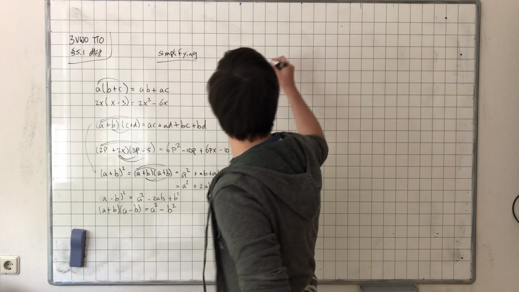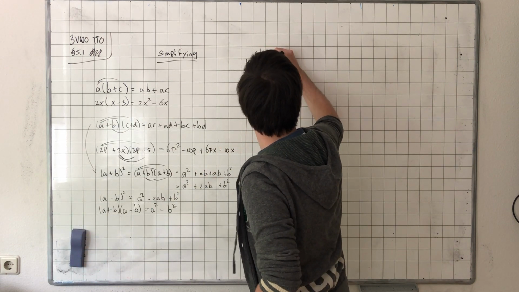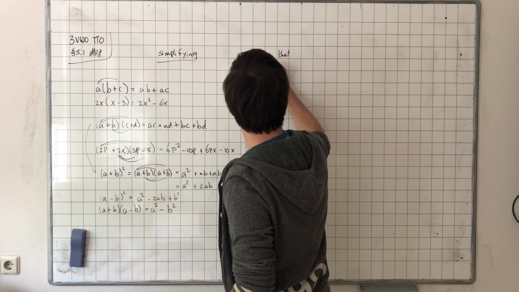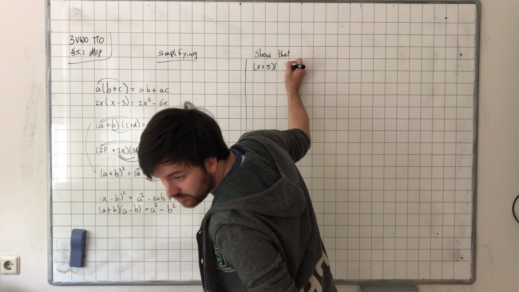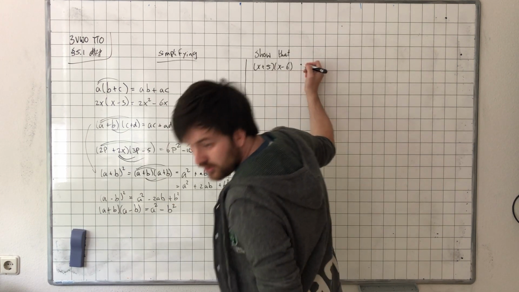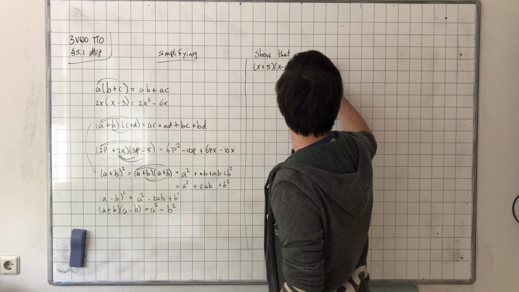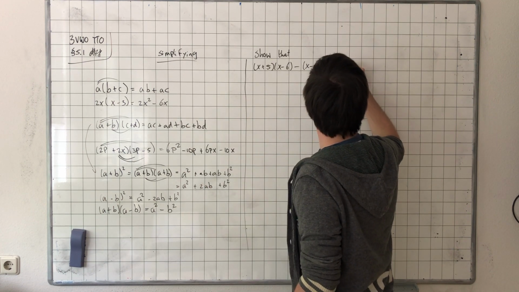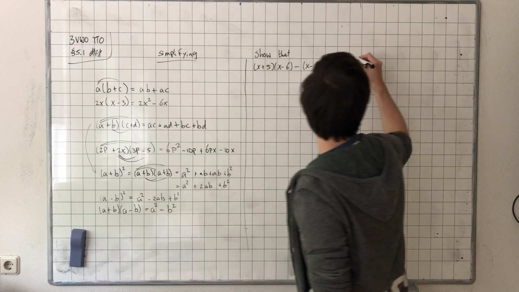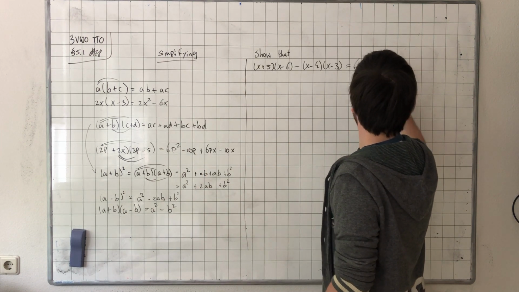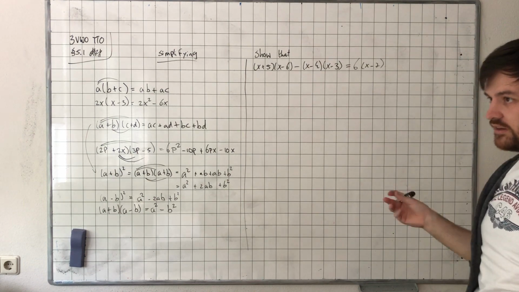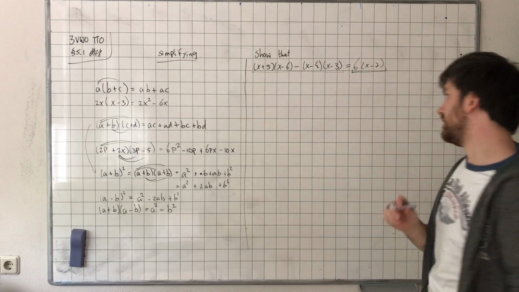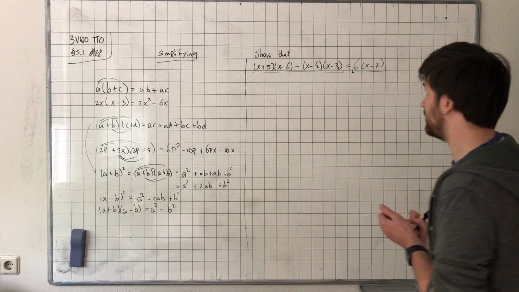And they're asking you to show that, this was something I couldn't remember, x plus 5 times x minus 6 minus x minus 4 times x minus 3 equals 6 in between brackets x minus 7. So if we want to show something like this, we basically have to show that the left side is equal to the right side. Now to do so, we have to simplify this a lot.